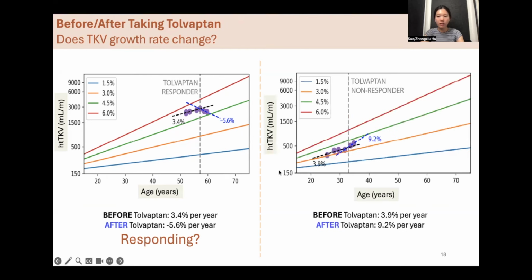Well, here is another example, but in this case, the patient's kidney growth rate was 3.9% per year before tolvaptan. However, after the patient started taking tolvaptan, the kidney growth rate increased to 9.2% per year. This raises the question: are all patients benefiting from tolvaptan?